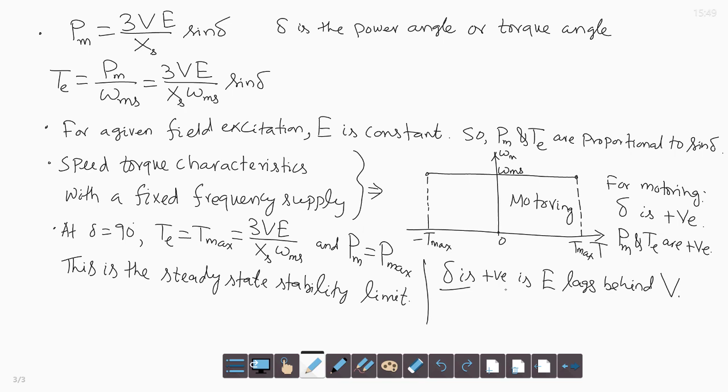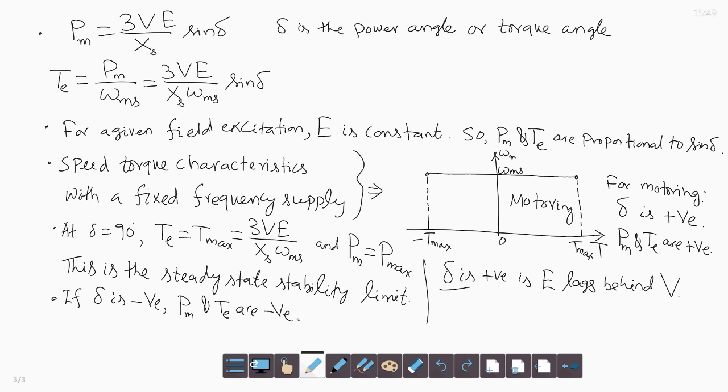And if delta is negative, then mechanical power developed and electromagnetic torque T e are negative, because sin delta is negative, and they are proportional to sin delta.